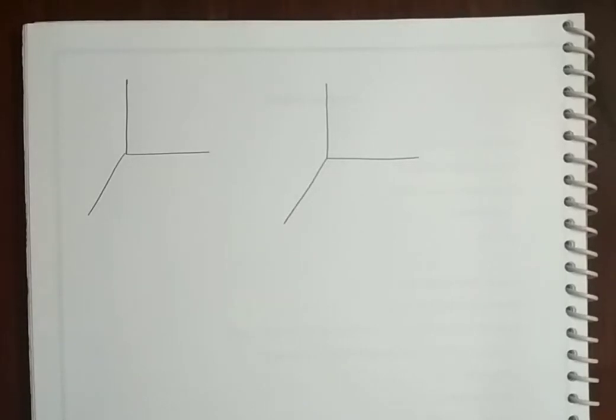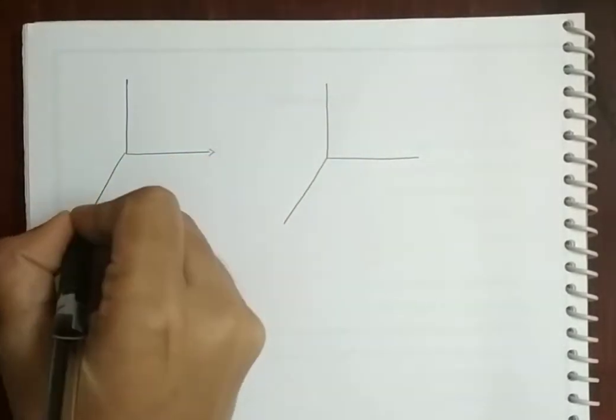In the previous video, we studied the Galilean transformation for the coordinates. That means you have two frames.